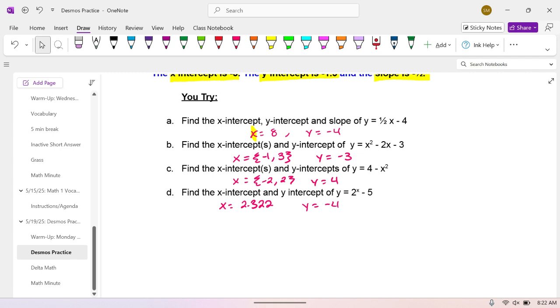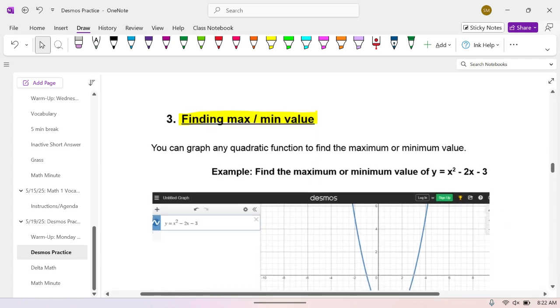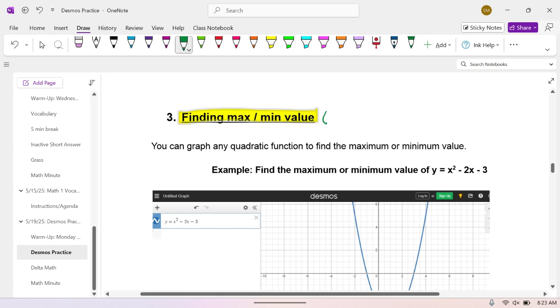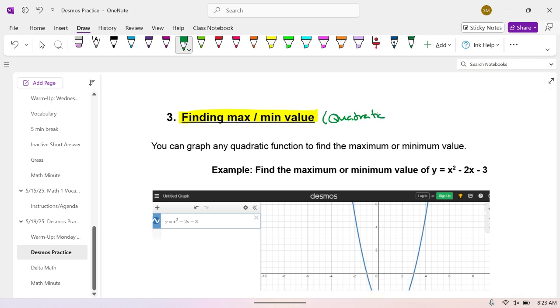The point that's referred to as the maximum or the minimum of a quadratic function is also known as the what? Starts with a V. The vertex. All right. So a lot of times when you deal with max and min, you're dealing with anything quadratic, and specifically it's the vertex that we're finding.